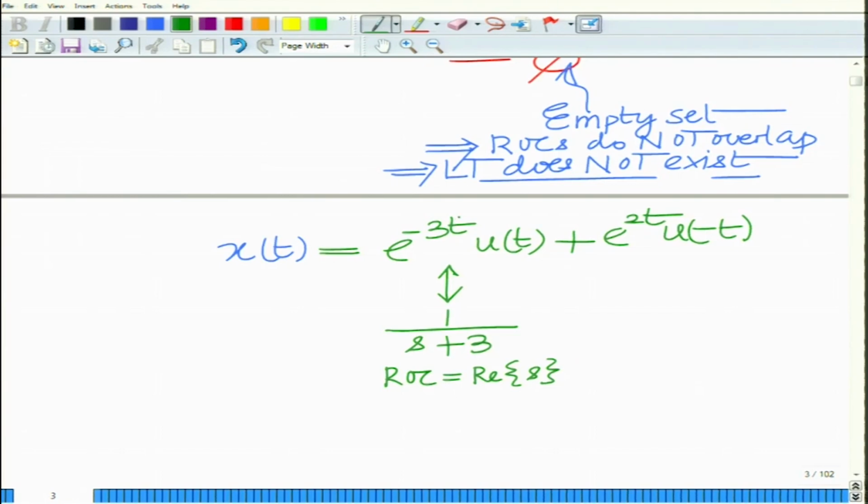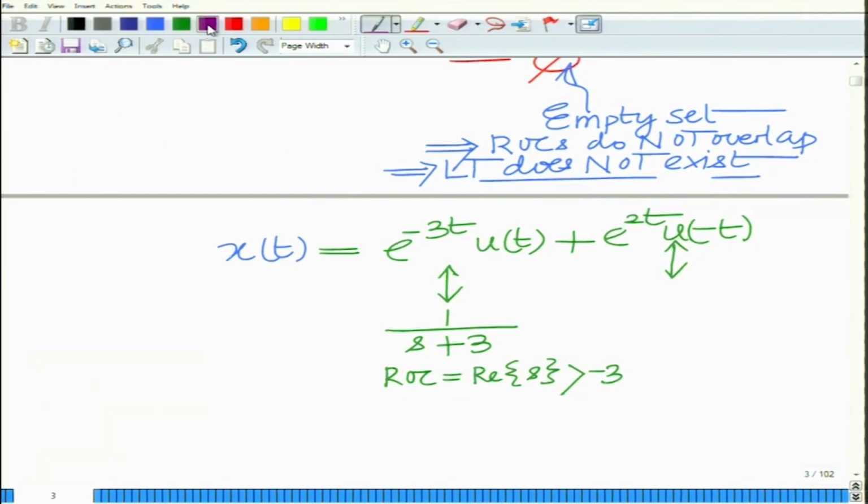This is a right handed signal because u(t) is 0 for t less than 0. So the ROC is of the form real part of s greater than minus a, that is, real part of s greater than minus 3. And e raised to 2t u(minus t) is a left handed signal.